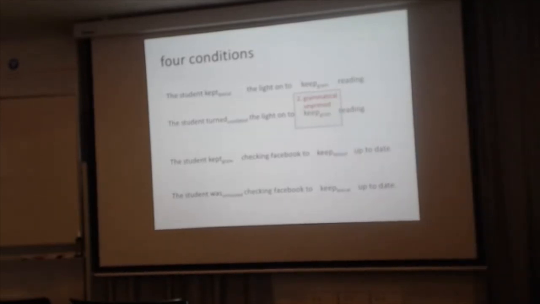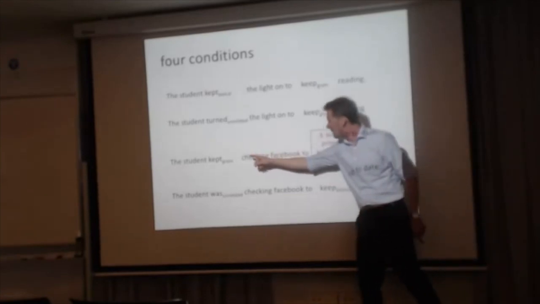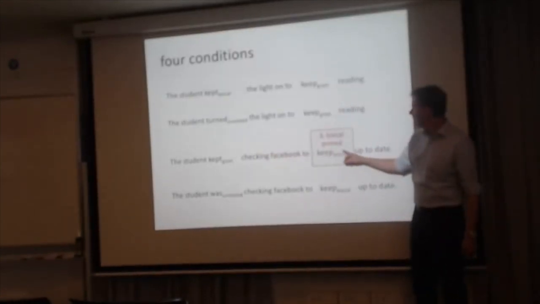Now, in condition 3 and 4, we flip the order of lexical and grammatical. So here, in the third condition, we have grammatical keep first, and here we measure response times to the lexical variant of keep, which is primed.